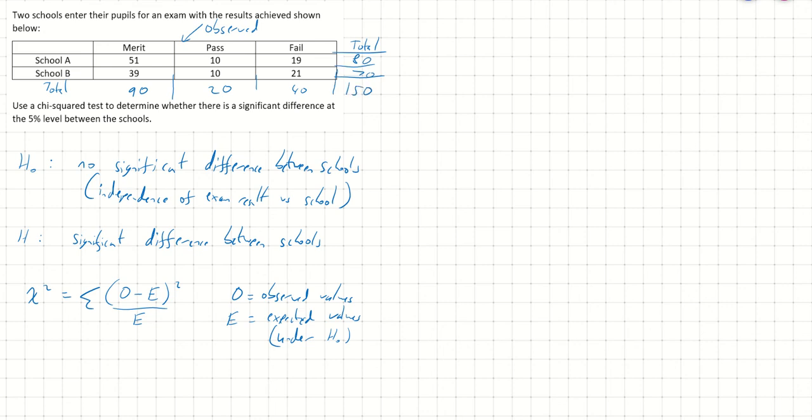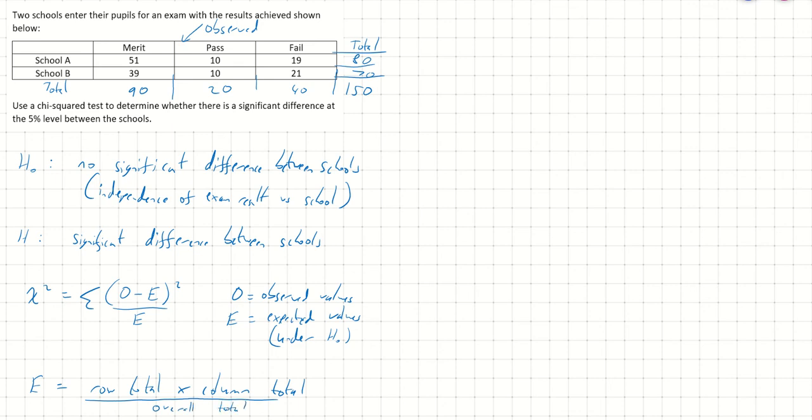Okay, now to get the expected values, there's a quick formula you can use. It's just using some mathematical probability really, but to get the expected values, we do row total times column total over overall total.